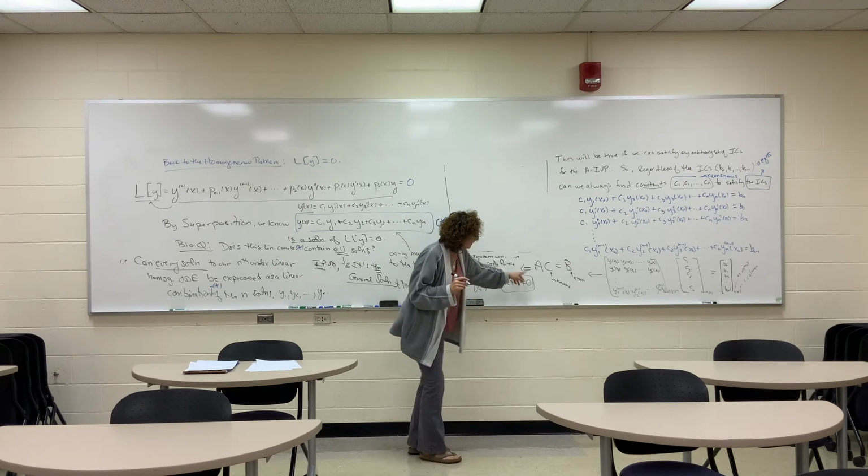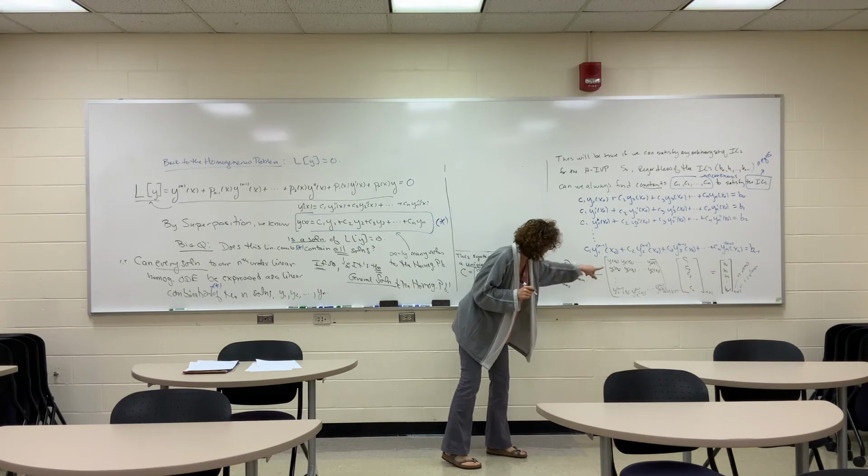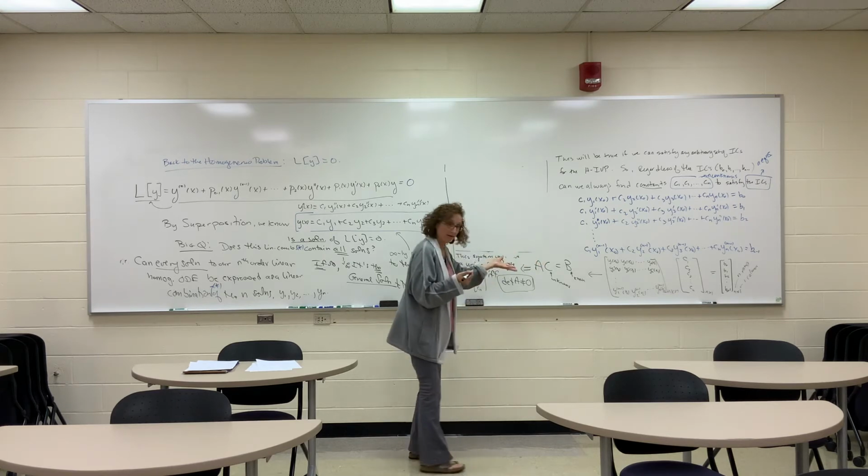So what is in the A spot? It's this crazy matrix right here, right? And the determinant of that matrix evaluated at x naught is kind of the deal.